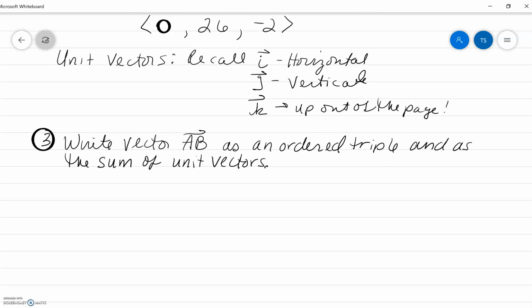Now, of course, point A has coordinates 5, 10, -3, and point B has coordinates -1, 4, -2.